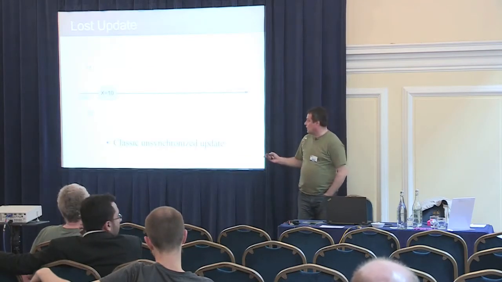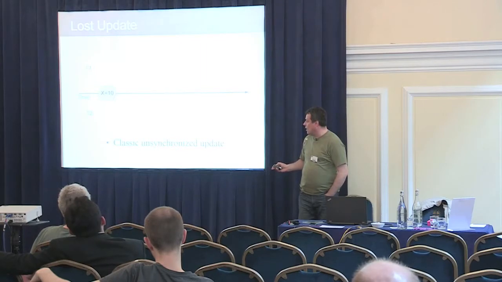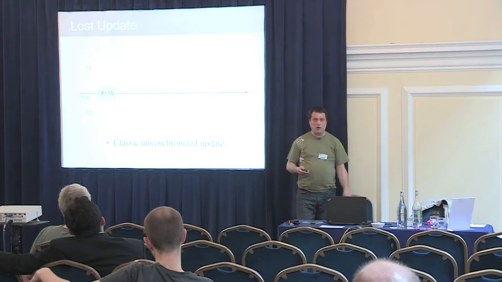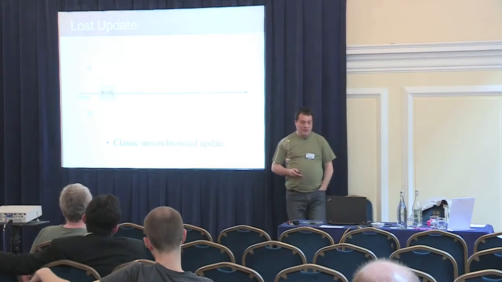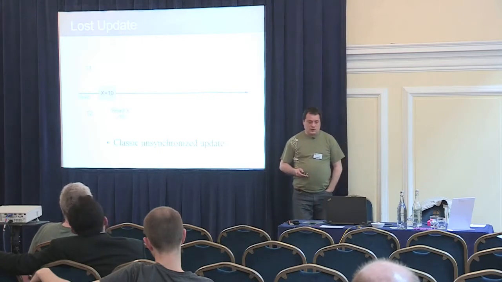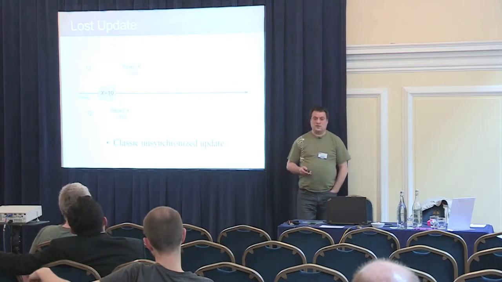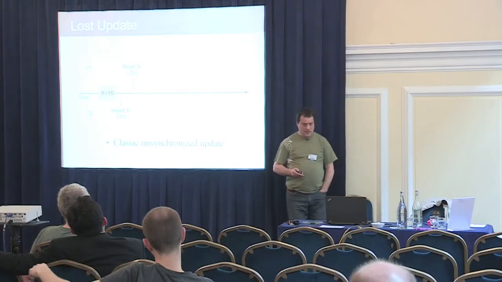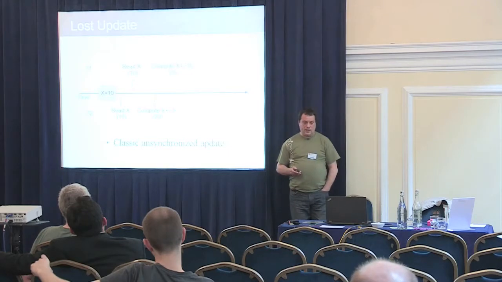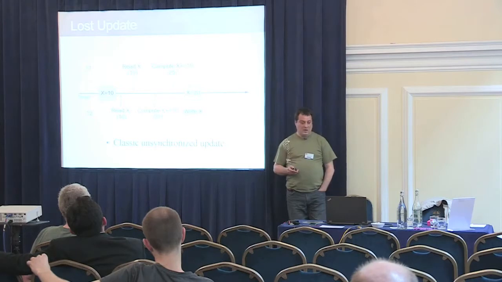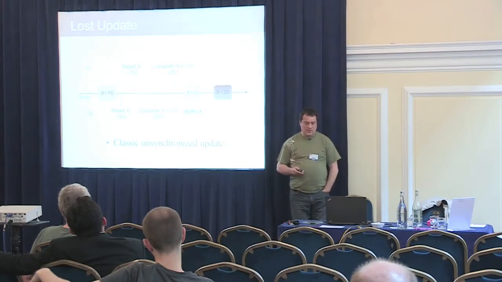We have now these two transactions, T1 and T2, and this is the timeline, and we have an initial state, an object, a column of a table if you wish, object X with value equal to 10. Now transaction 2 reads this X, and transaction 1 reads this X. Transaction 2 updates this X, and transaction 1 also updates this X. Now transaction 2 writes it, and transaction 1 also writes it.